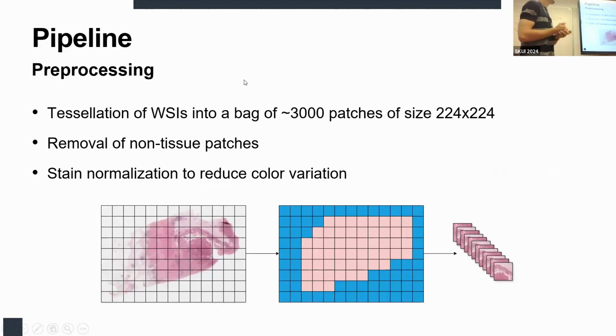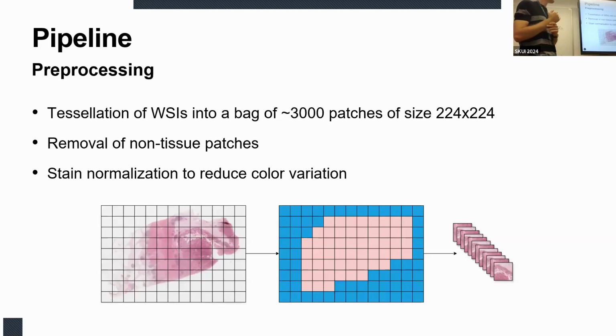Now, as mentioned before, the pre-processing part mostly involves just the tessellation of the slide into the bag of patches, but it also contains two optional steps. One is the removal of non-tissue or background patches, and the other is stain normalization, which ensures that all slides that are used for training have approximately the same color distribution, so as to reduce color variation and improve model accuracy.